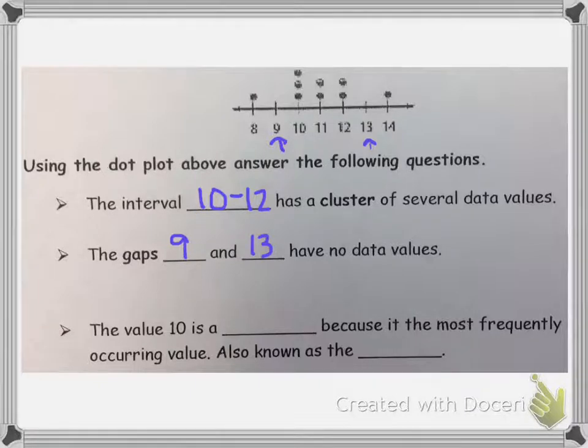So most is mode, and the definition that we grouped with mode is our peak. So the value of 10 is a peak because it is the most frequently occurring value, which is also known as the mode. So when we're describing our shape of distribution, we're going to use the term peak.